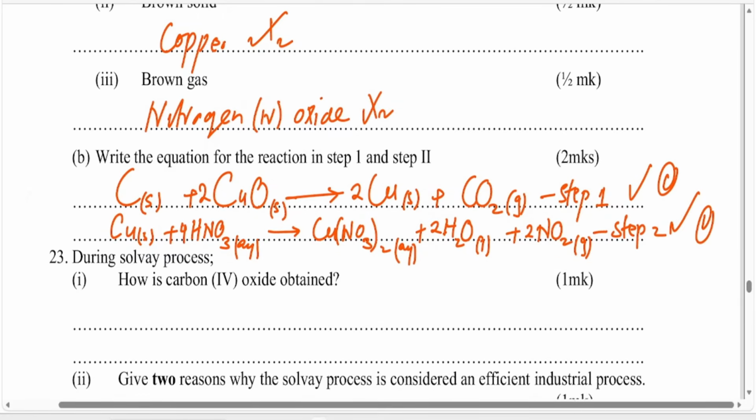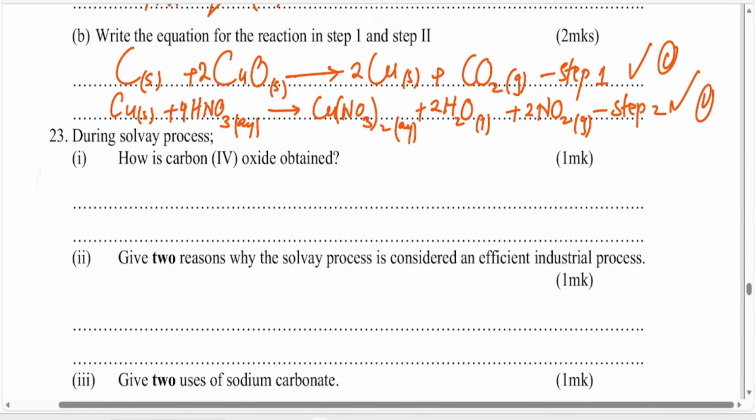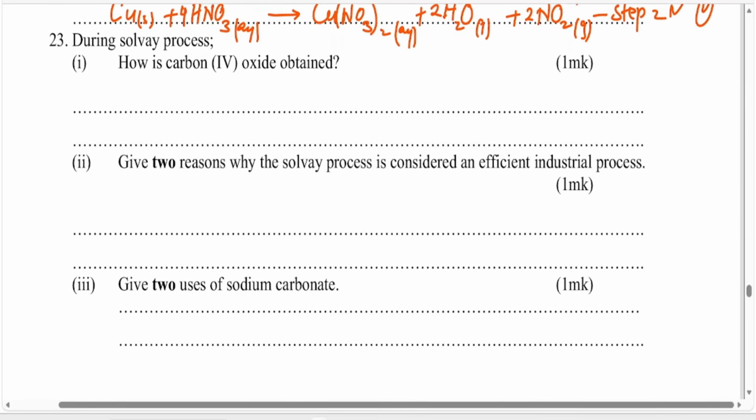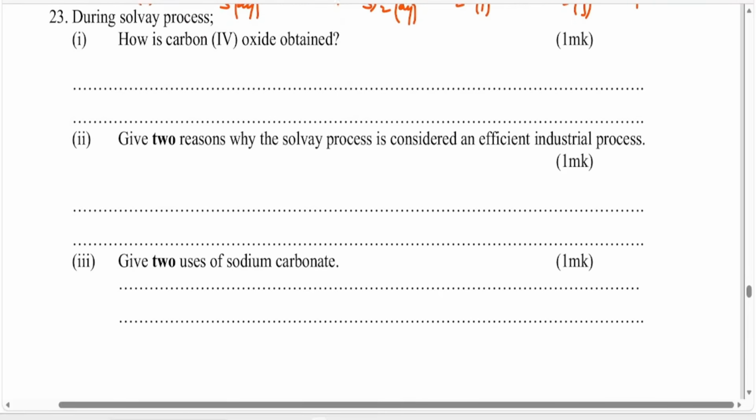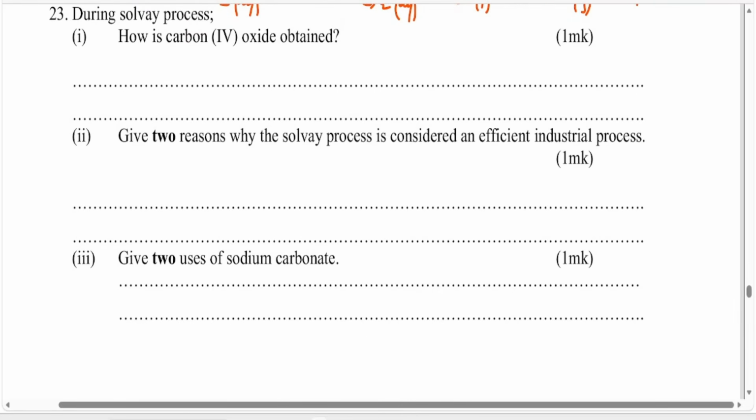Let's now move to question number 23. During the solvay process, how is carbon dioxide obtained? Carbon dioxide during the solvay process is obtained through the thermal decomposition of limestone or coke.